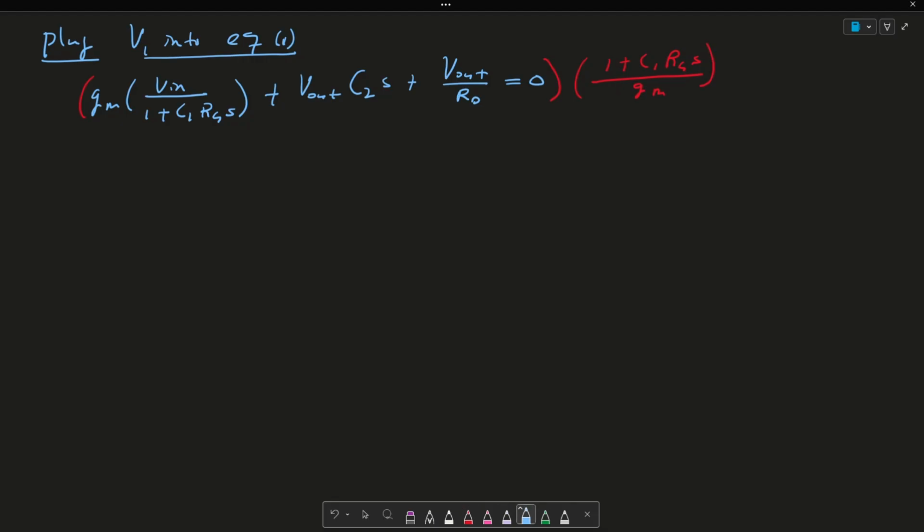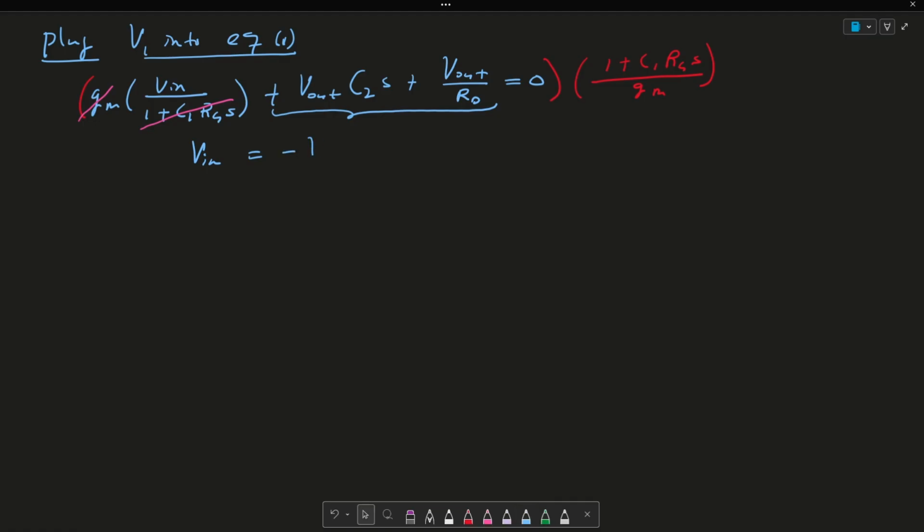So then what I get is this V in, because again, GM cancels out here and 1 plus C1 RGS cancels out there. So I'm just left with V in. This is equated to, I'm going to move these two to the right hand side.